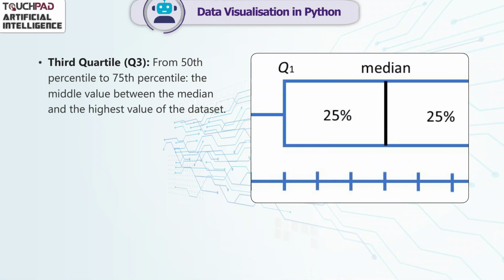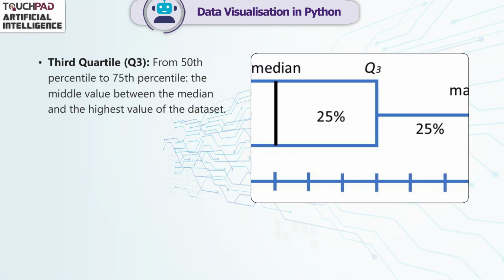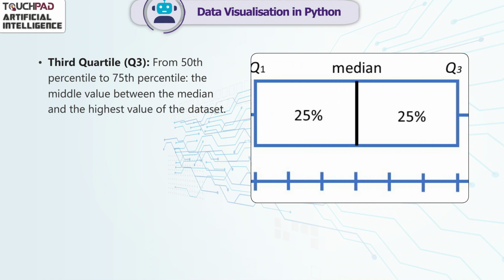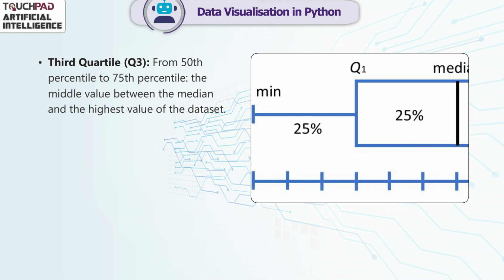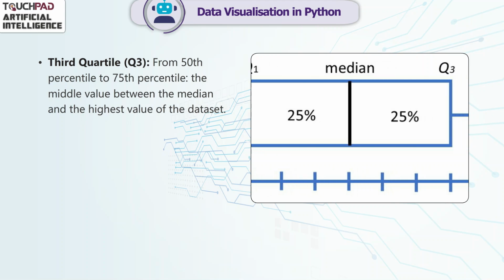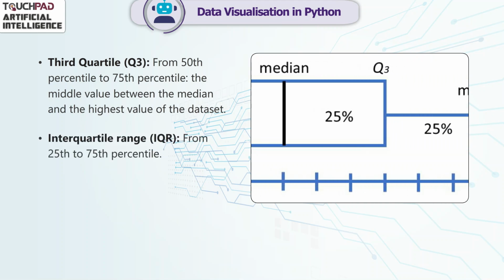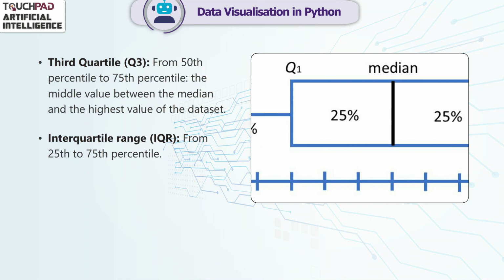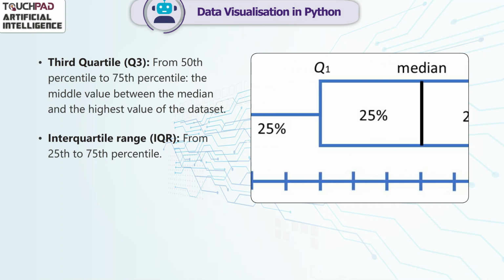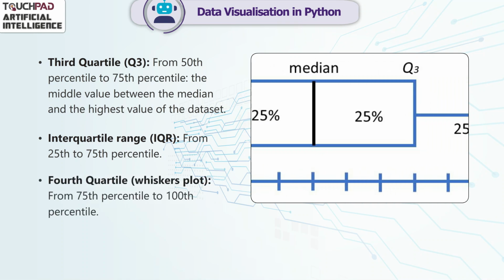Third quartile, Q3, from 50th percentile to 75th percentile, the middle value between the median and the highest value of the data set. Interquartile range, IQR, from 25th to 75th percentile.